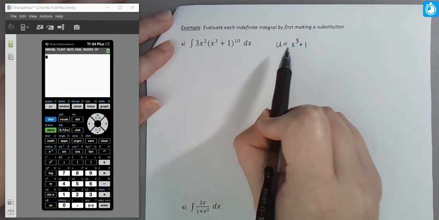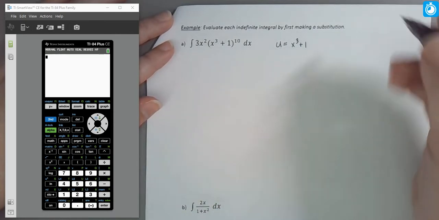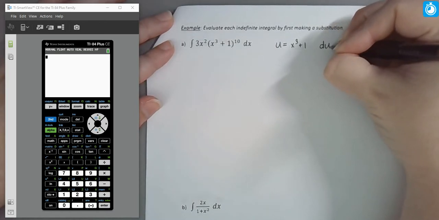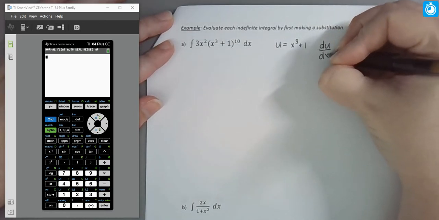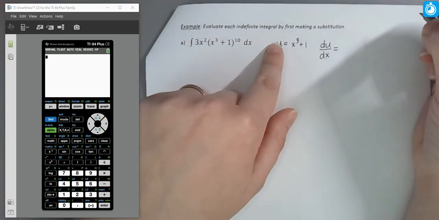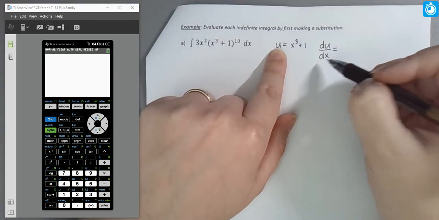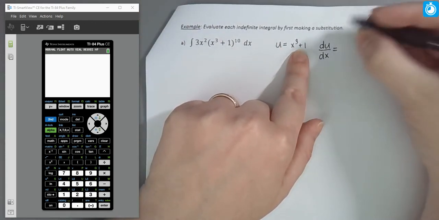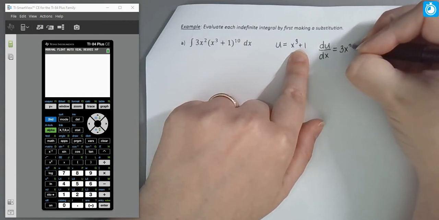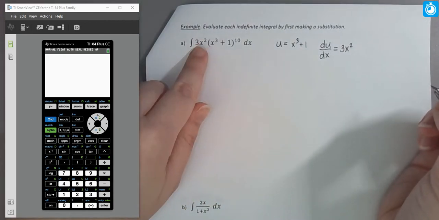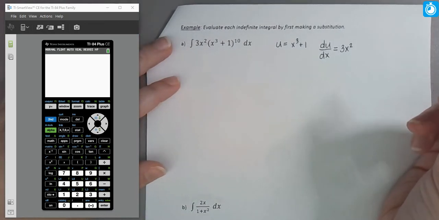Based on this being my inner function, what I'm going to substitute for, I'm going to take the derivative of both sides with respect to x. So on the left-hand side, I'll just have du dx. And on the right-hand side, when I take the derivative, I get 3x squared. And notice that was also something we had in the problem.